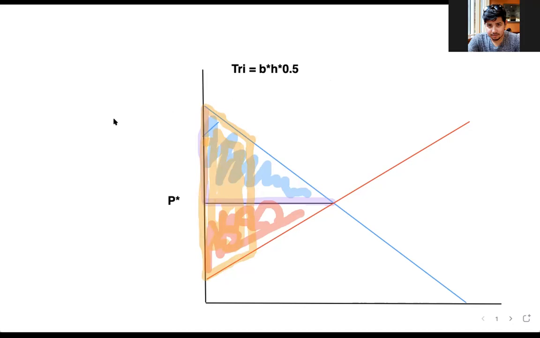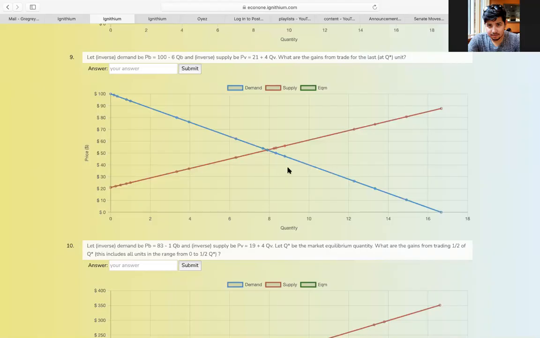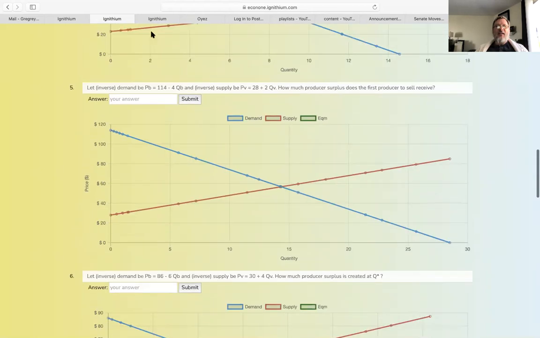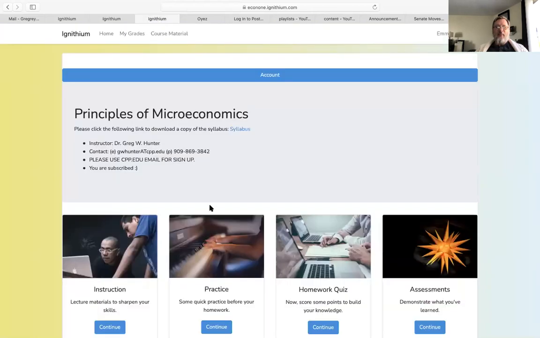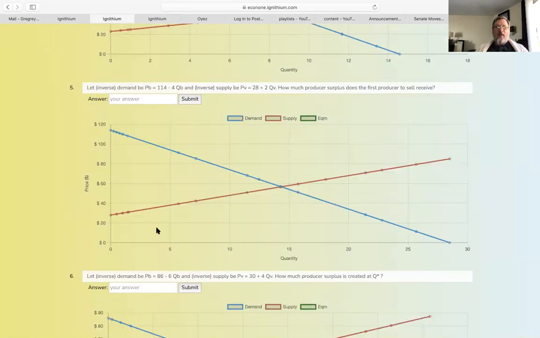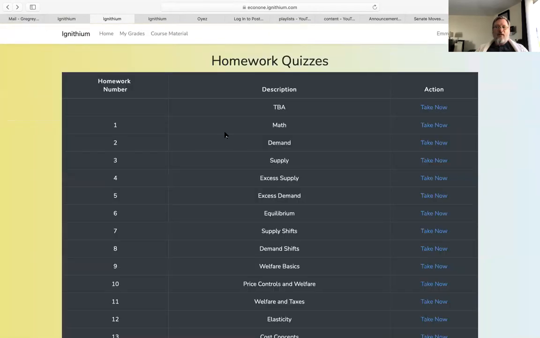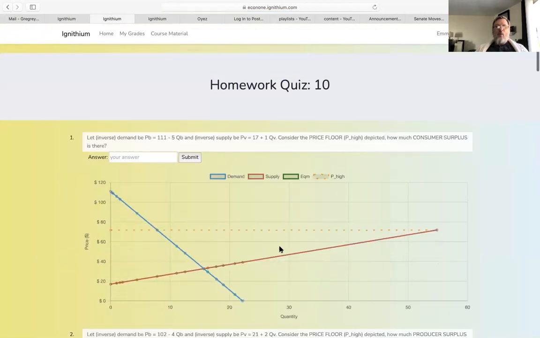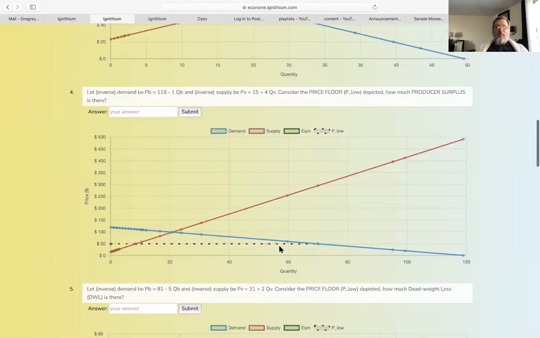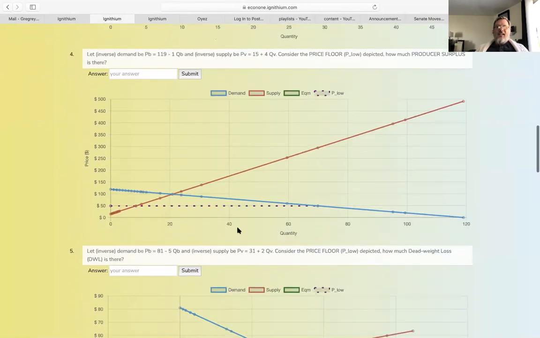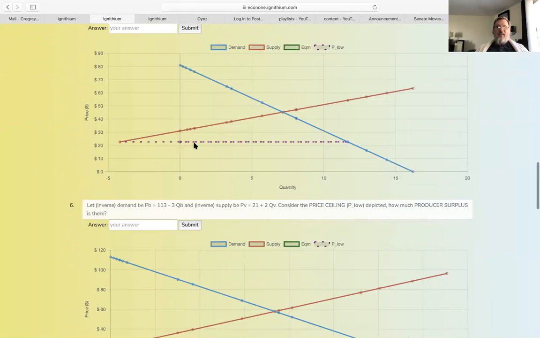Absolutely. Okay. All right. So let's go ahead and take a look at number 10. Now, I want to warn you all about something, and you'll see it here. This one actually is not bad, but this one is.